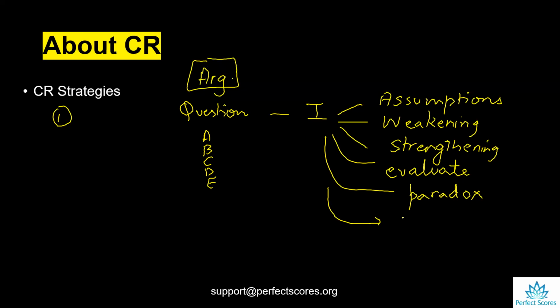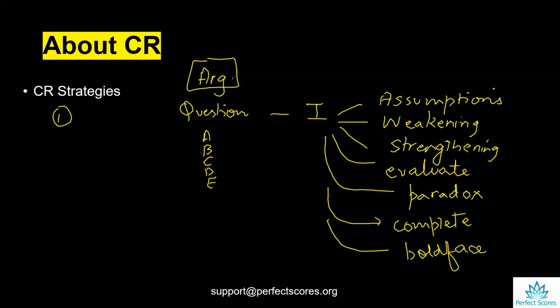Then there is a very rare question type, maybe you'll get just one of those, which is completing the argument. The last sentence is incomplete, and you just need to choose from the options. Another question type is boldface, where two portions of the entire argument will be written in boldface, and you need to identify what role they are playing. So these are the most common types.